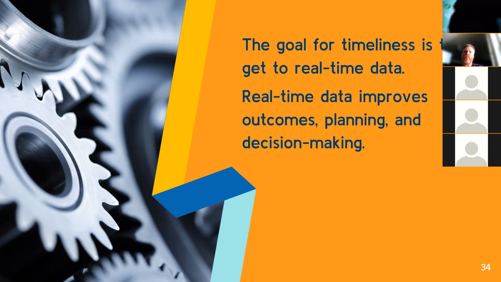So as close to real time as possible. The other thing is that real-time data helps with outcomes, planning, decision making, collaborating with other agencies. If you get your data in real time, or at least within the same day, other people can see that information. If there's a long delay, they can't see that information in the record.